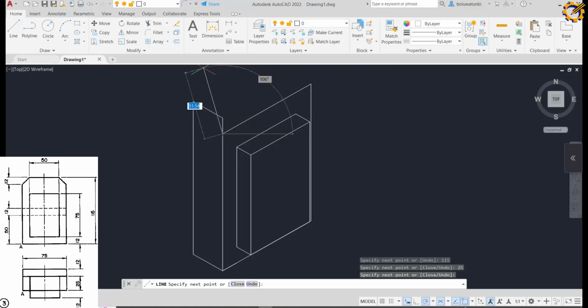Locked right there. 12.5, enter. Like that.